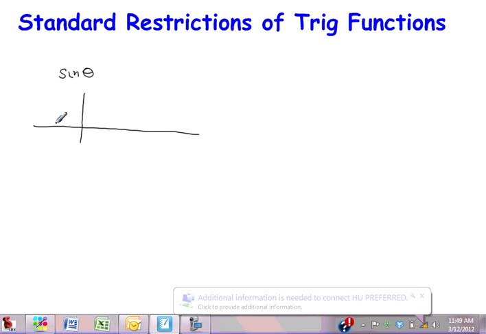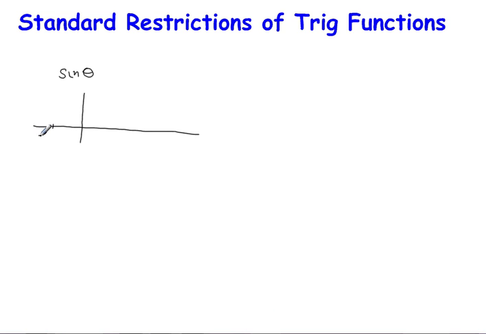and remind you of what we restrict the domain to make it invertible. If you recall, negative pi over 2, pi over 2, and let's do a pi here. And of course it goes down to negative 1 and up to 1.